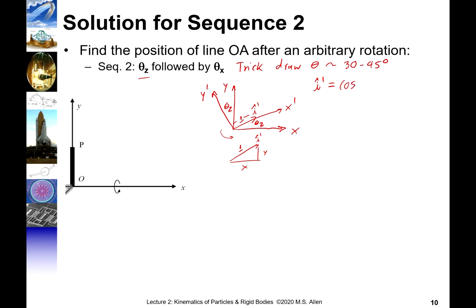that will be cosine of theta z times 1, which is the length, right? So we don't really need to worry about that. And that will be the I component. And then it will also have a component in the j direction that's a sine theta z.